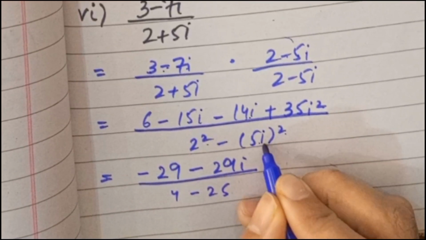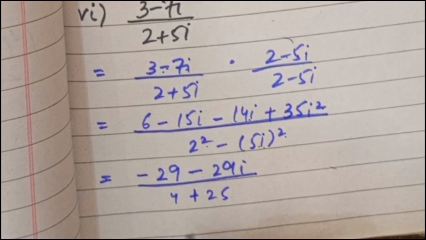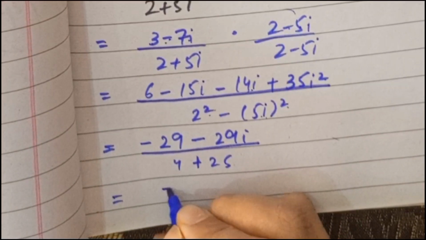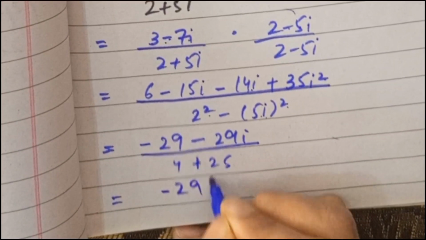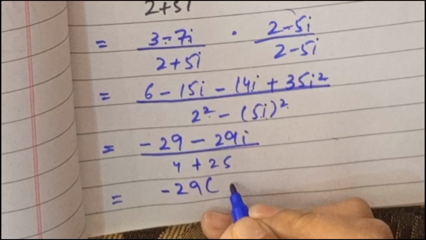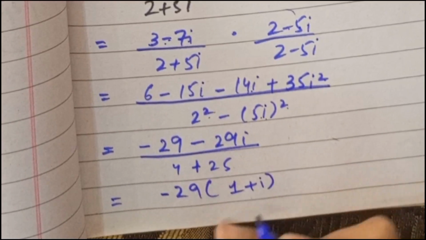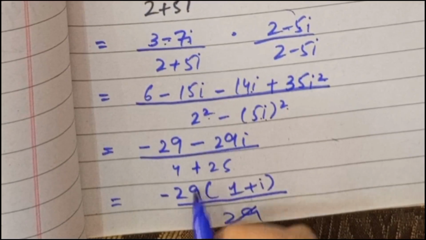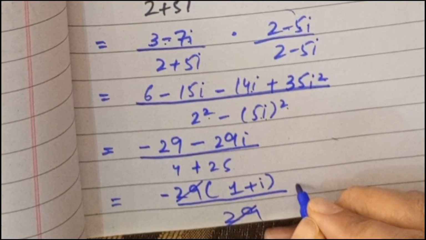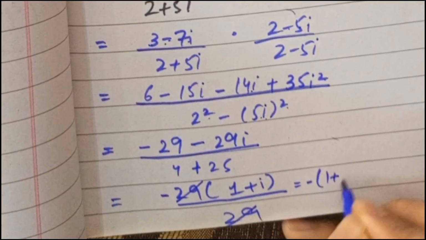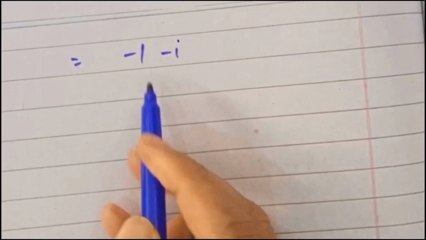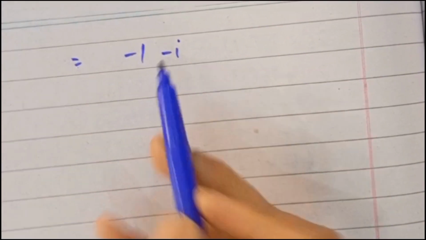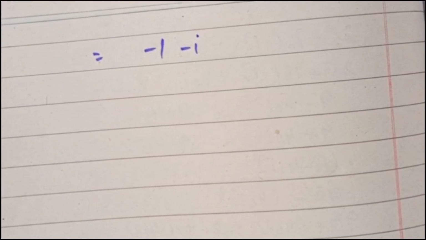Iota square is -1, so minus minus is plus. We will take common -29, so we will be left with 1 plus iota. In the denominator we also have 29, so 29 will be cancelled and our answer is -1 plus iota. Okay, the real part will be -1 and the imaginary part will also be -1.